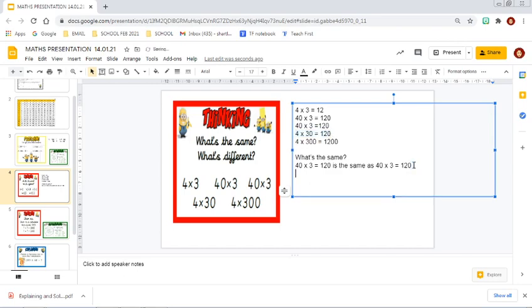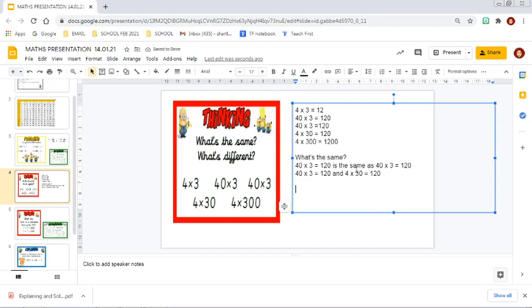So I could say 40 multiplied by 3 equals 120, and I could say that 4 multiplied by 30 also equals 120. So those are 2 working examples of sharing my thinking for what's the same. There are other examples, so I do want you to show me at least 3 of your own.